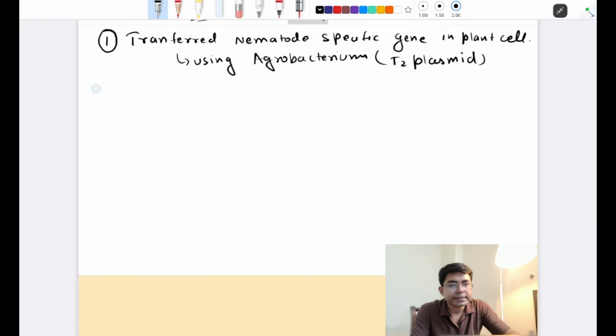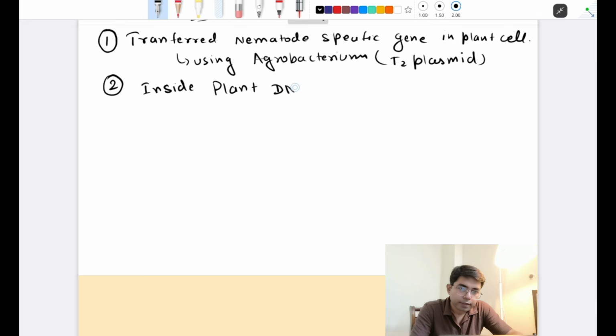Now inside the plant cell, what is formed? The DNA, meaning the gene, forms sense RNA, and it forms antisense RNA.